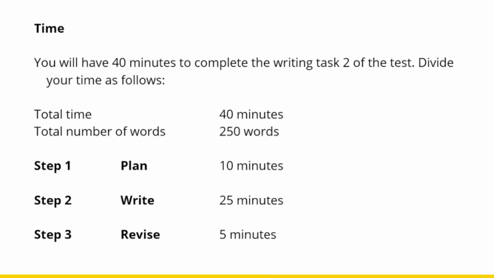Step 2 is writing your essay. You should leave at least 25 minutes for this process. And the last step, step 3, is revising your essay, for which you should spend at least 5 minutes. Just like before, you would have to go back, read again, and revise. But we'll discuss these steps in our following slides.